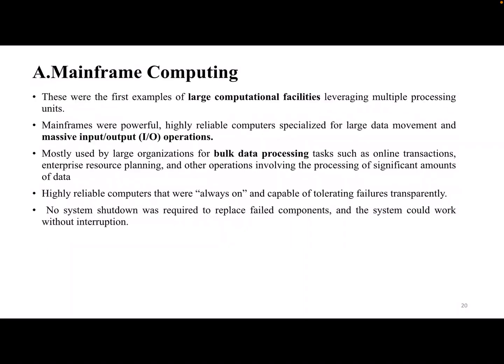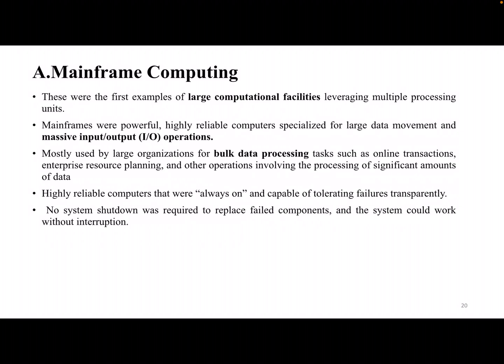Before going to the cluster point, I would like to add some more points on mainframe computing. Mainframe means main and frame. Try to understand these words. With mainframes, the computers are large and have large data to process.